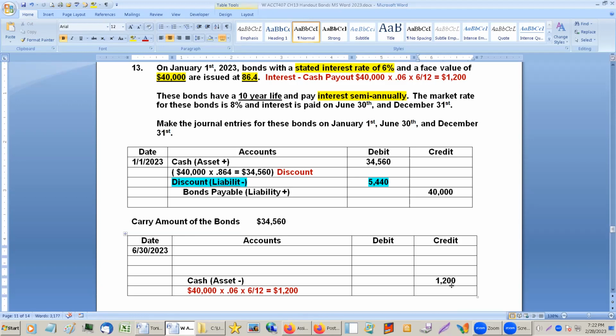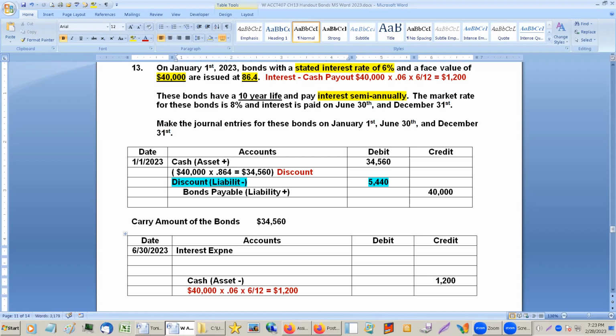Every single time, because this is stamped right on the bonds. $40,000 bonds, we're going to pay an interest rate of 6%. It's semi-annual, twice a year. So twice a year, we have to make a payment of $1,200. And again, it's a legal document. It's stamped right on the bonds. That's what we're paying out. Okay, interest expense.